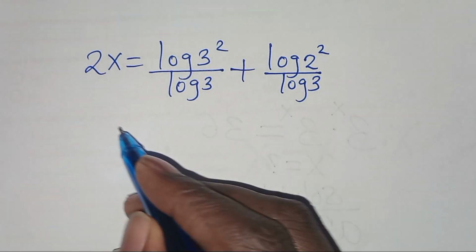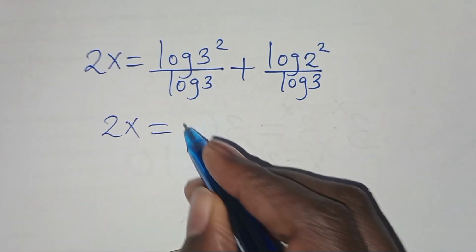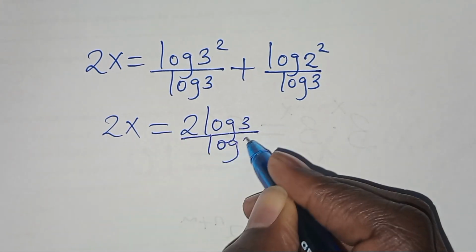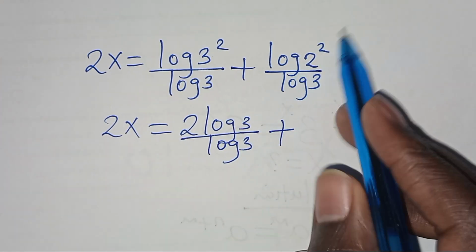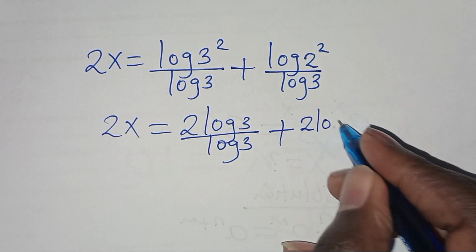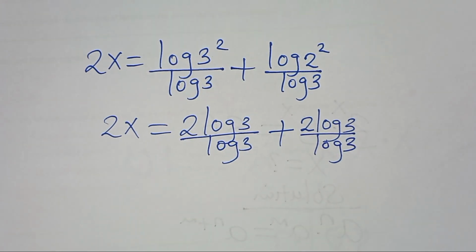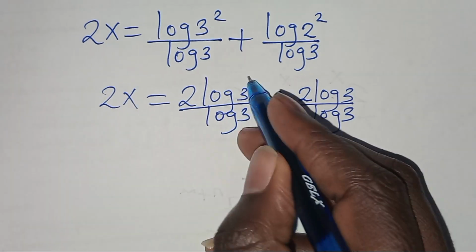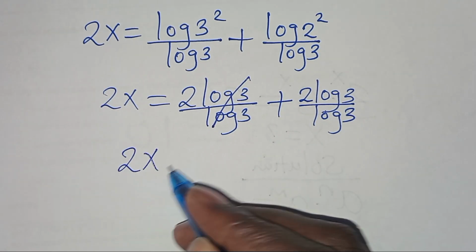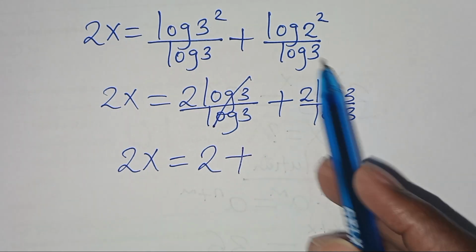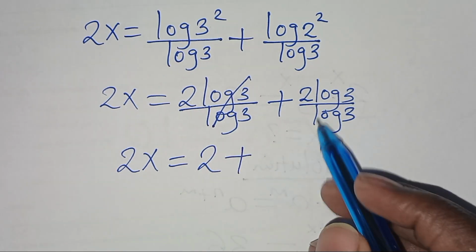So applying the power property here, we'll have 2 log 3 divided by log 3 plus log 2 to power 2. This is the same thing as 2 log 3 divided by log 3. So let's simplify here. Log 3 and log 3 simplifies, so that here we have 2 plus, now here we have 2.